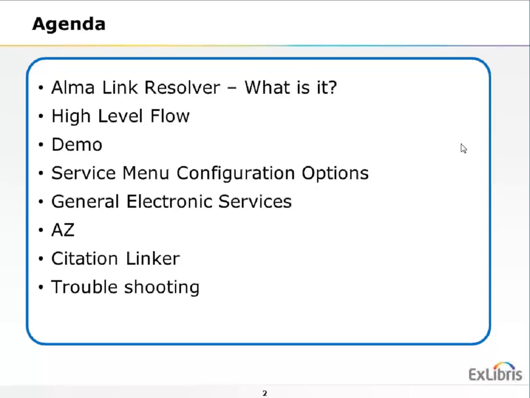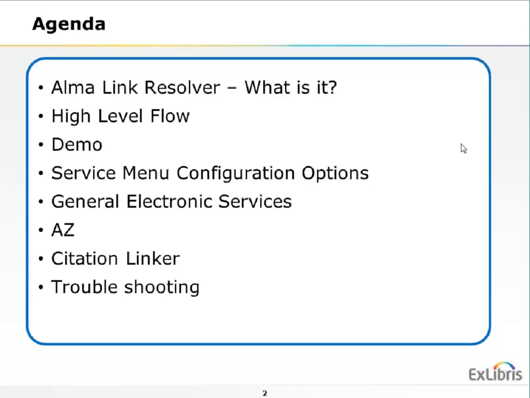We'll talk about the A to Z list for electronic titles, which is not a component of Alma. It's a component of Primo, but you're often asked about this, and we will show it as part of this session. We're also going to talk about the Citation Linker, which is another component of Primo, and we'll see how it interacts with the Alma Link Resolver.